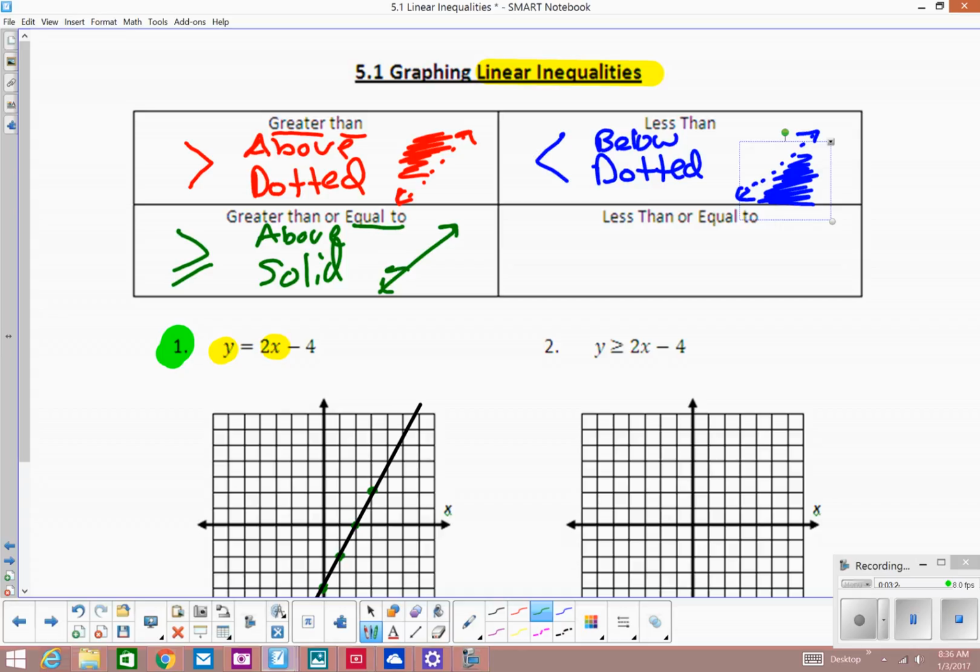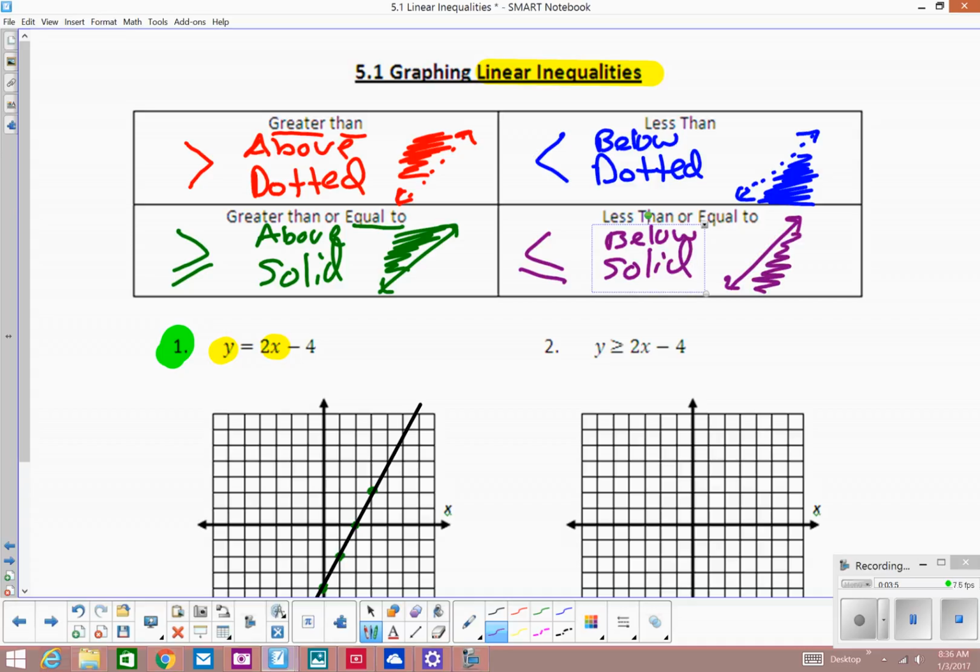And since it's above, I'm going to shade everything above that line. Less than or equal to is going to look something like that. Since it's less than, it's going to be shaded below, and since it's equal to, it's going to be a solid line. So it's going to be something like that, and since it's less than, I'm going to shade below.